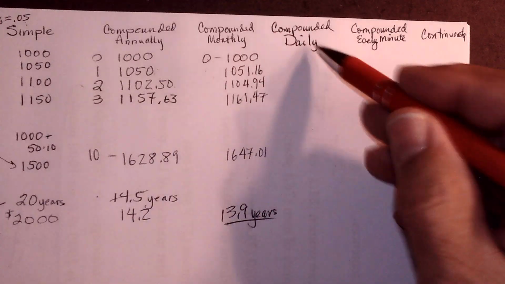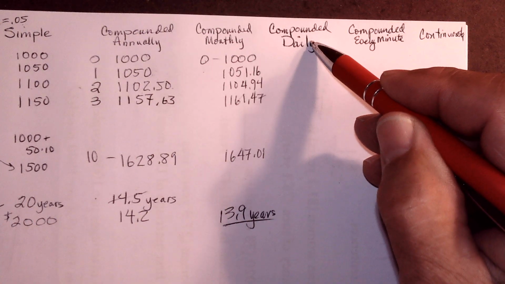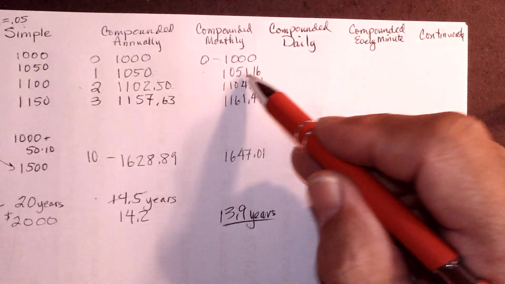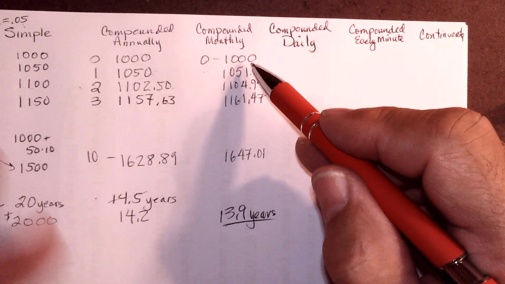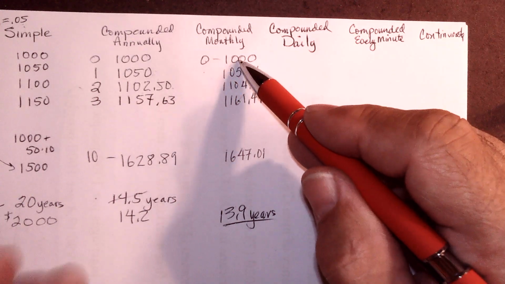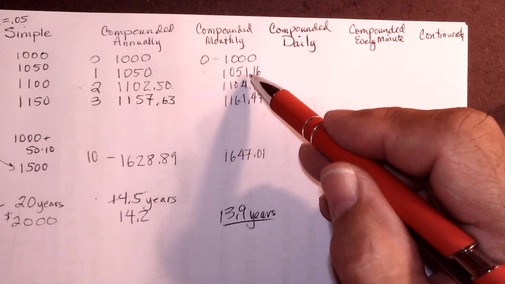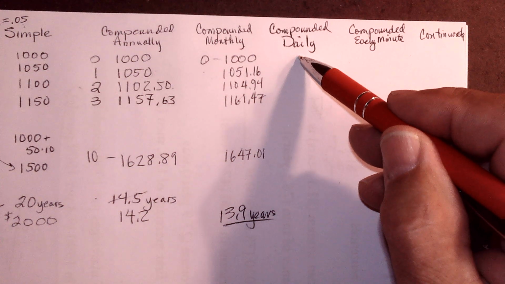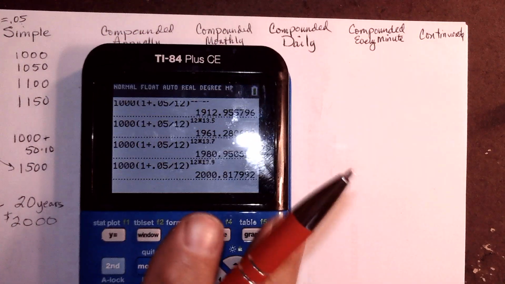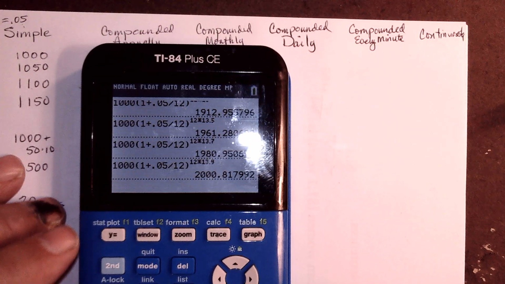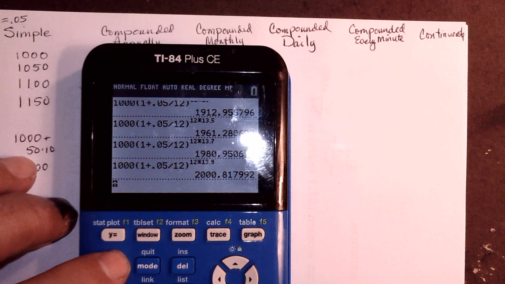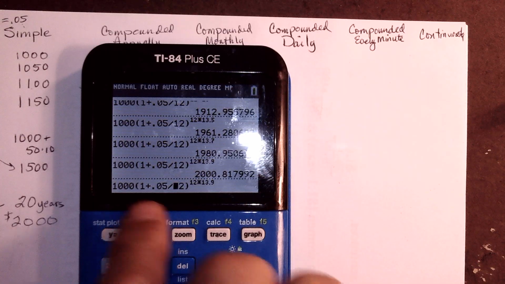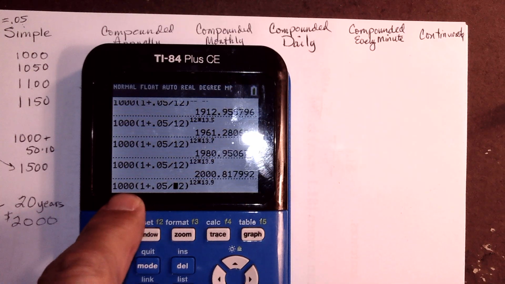What if we compounded daily? So instead of waiting for a whole month to add our interest in and then get interest on the original amount and the interest on the interest, which makes it grow faster, we're going to do it daily. So how does that change? Well, this part is still $1,000.